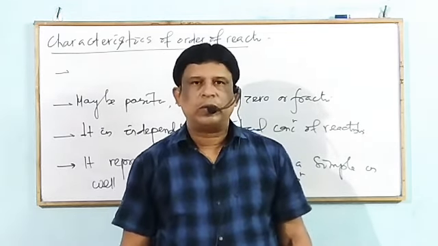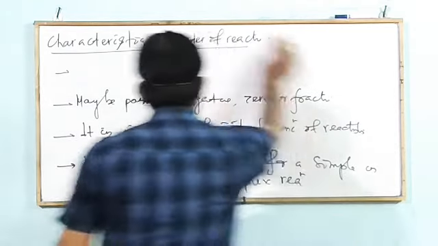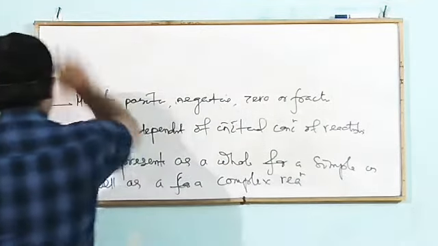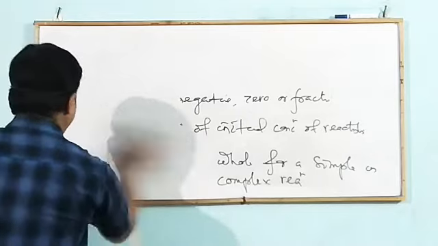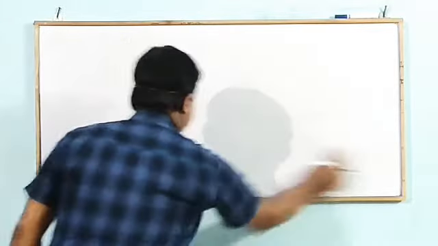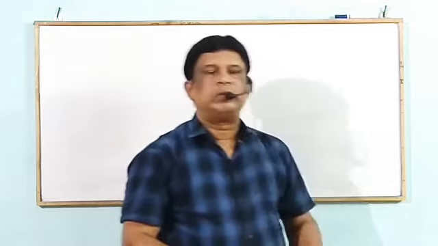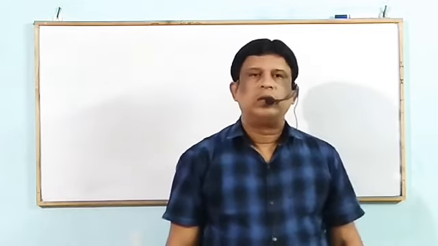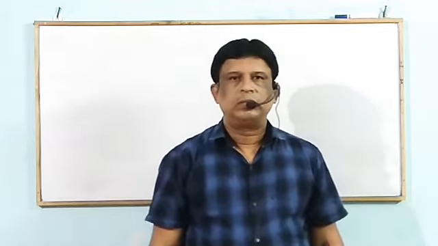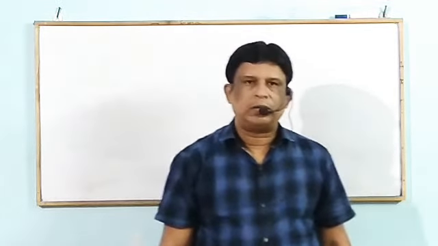Next we discuss the types of order of reaction. One important point is that its value may be positive, zero, or fraction. So depending upon this, there are different types of order of reaction.